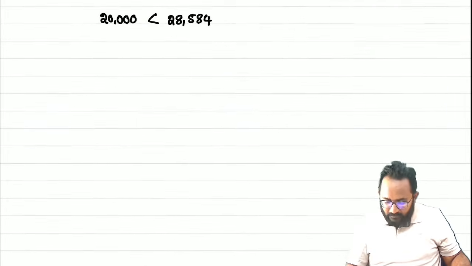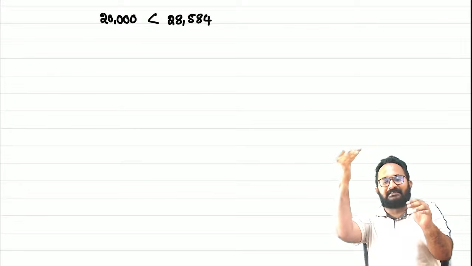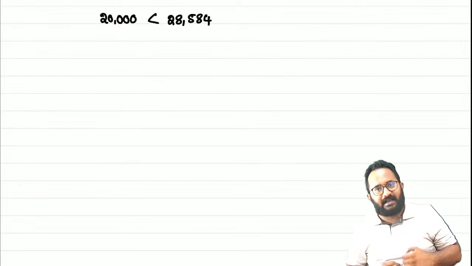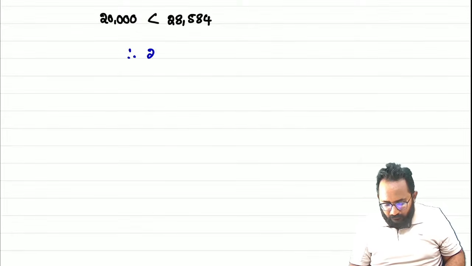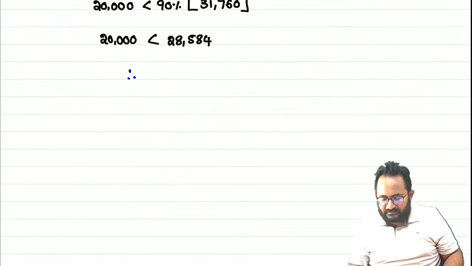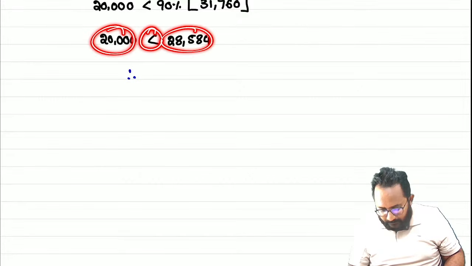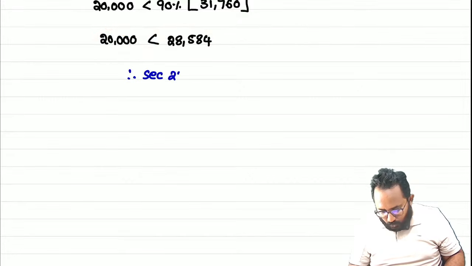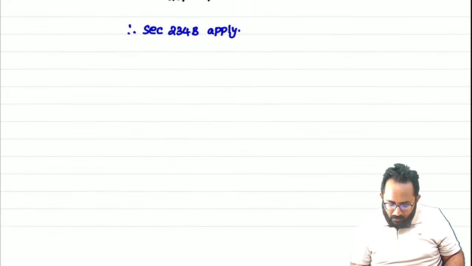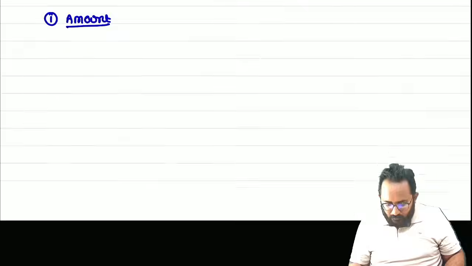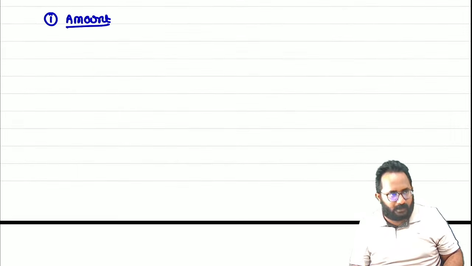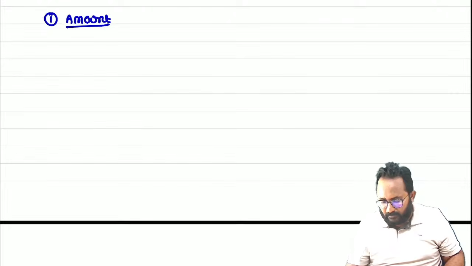That means advance tax paid is less than 90% of the assessed tax, so section 234B will apply. If applicable, we have to take the amount. Give the heading 234B, computation of interest. What is the amount?